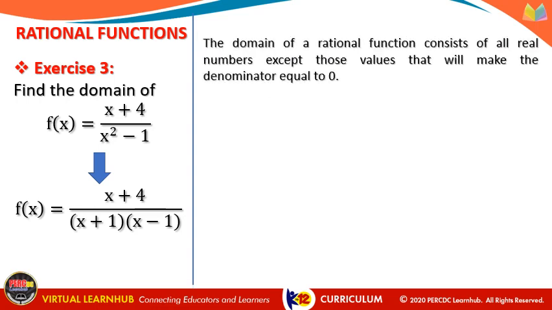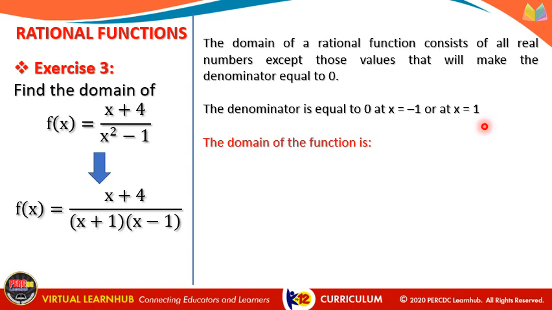Using our principle, again, the domain of a rational function consists of all real numbers except those values that will make the denominator equal to 0. Nakita natin kanina na ang denominator ay magiging 0 kapag ang x ay negative 1 or x is positive 1. Kaya itong dalawang to, yung mga hindi kasama sa domain. Therefore, the domain of the function is all real numbers except negative 1 and positive 1.